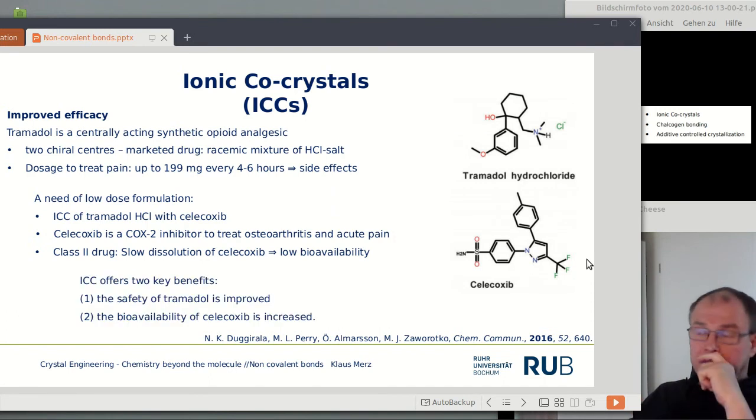Both together are mixed in co-crystals. Once again, this is an ionic co-crystal. What you have is safety of this compound here, so you need a lower dosage, and at the same time you see a higher bioavailability of the second drug. Nice effect.